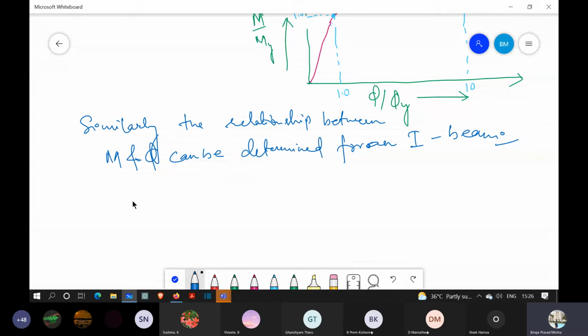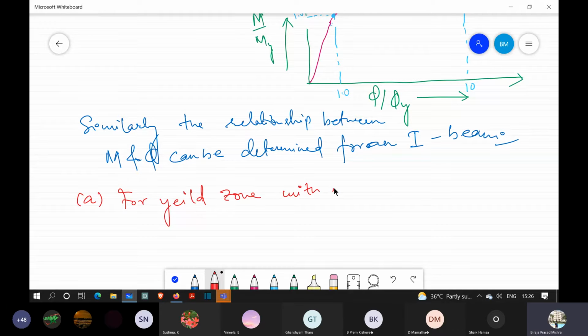That is, the first case is for yield zone within the flanges. You just remember these formulas, no need to go for deriving and all. If you want, you can go and derive.